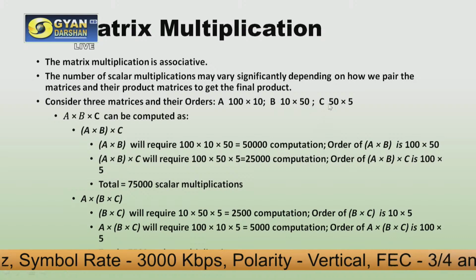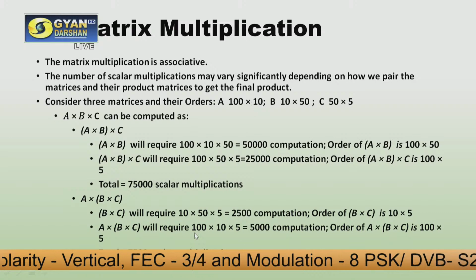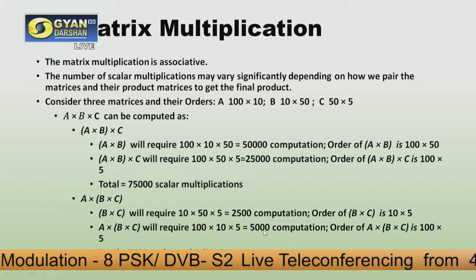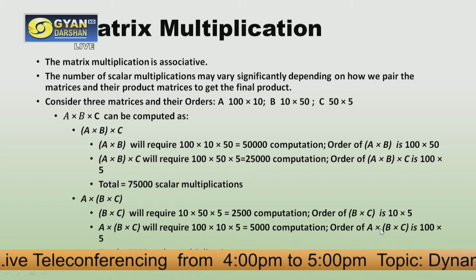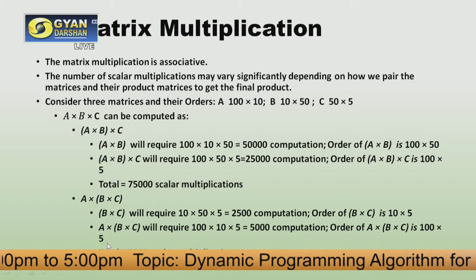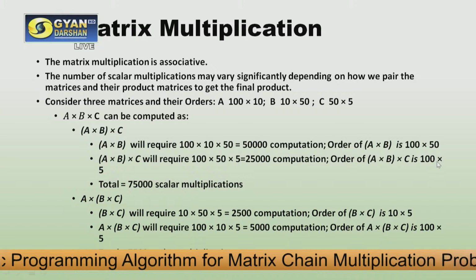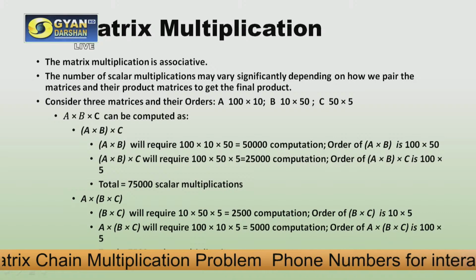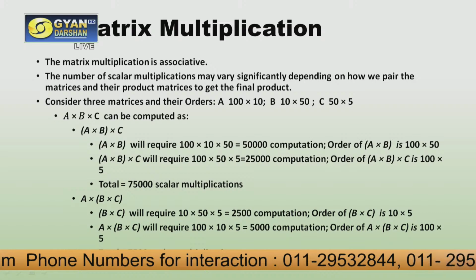Next, multiplying A, 100 into 10, with this 10 into 5, we get 100 into 10 into 5, which is 5,000 multiplications. So the order of A multiplied by the bracket B cross C is overall 100 into 5, the same as the earlier case. But the total number of multiplications is just 7,500. You can compare 75,000 with 7,500.